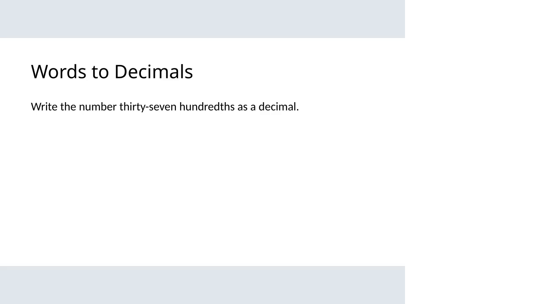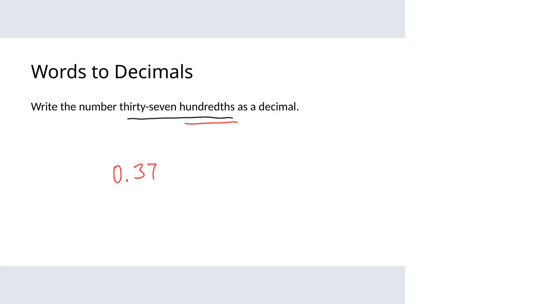If we are given a number written as words and we want to write it as a decimal, write the number 37 hundredths as a decimal. A key here is the fact that it says hundredths, so we know we're going to have to go to the hundredths place, which is 2 places past the decimal. And so I need 37 hundredths. There's a couple of ways you can do this. Some of you are probably very comfortable just going straight, okay, there you go, 37 hundredths.